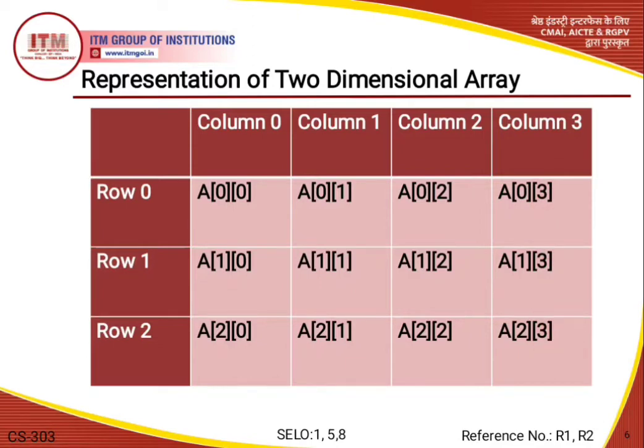So now you are able to understand how the values in the form of a matrix, in the form of row and column, are calculated.